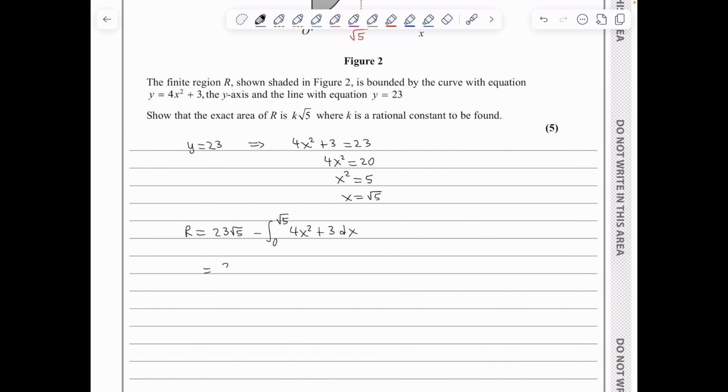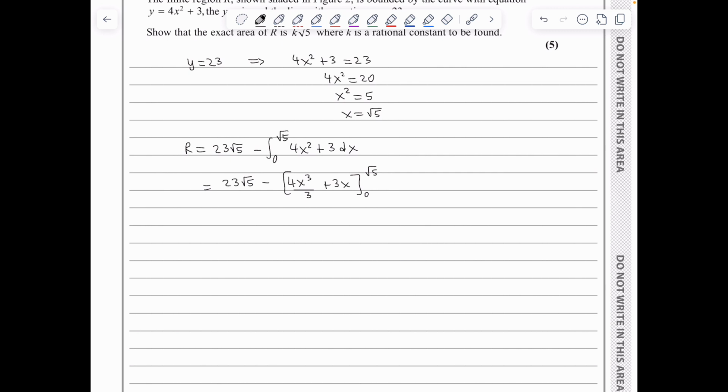So we're looking at 23 root 5 minus 4x cubed over 3 plus 3x, and the limits are 0 and root 5.